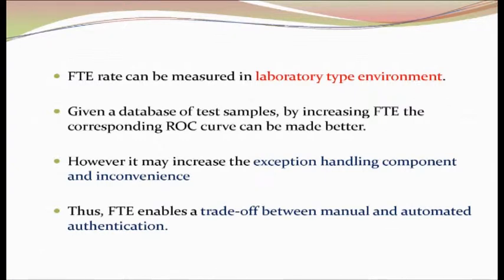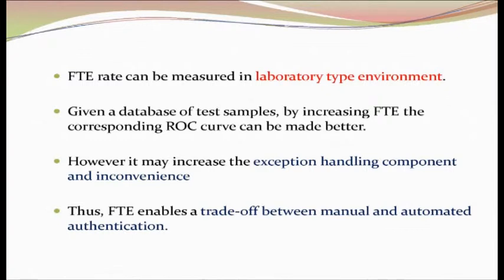Now, if you make a very tight failure to enrollment rate, and any small problem you reject them, what is happening? The number of rejections will be more, and that means manual intervention will be more, right? And what happens in that case?